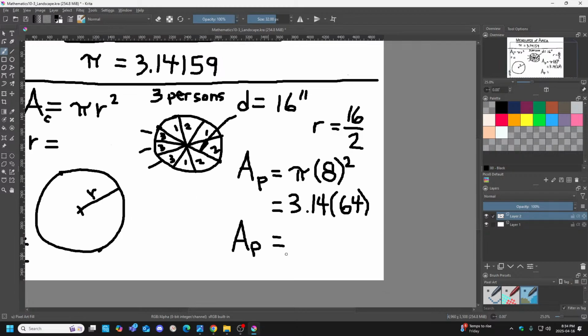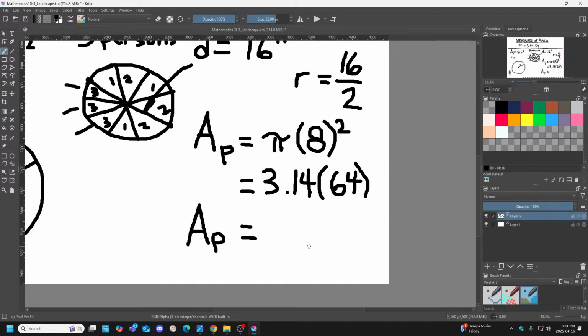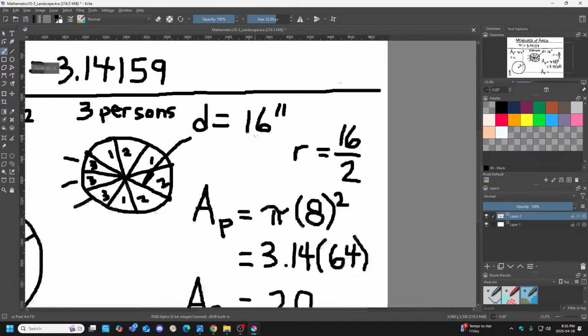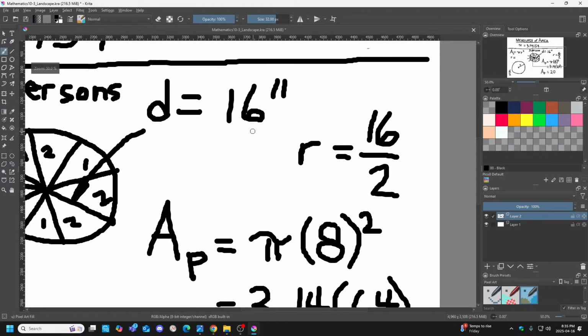Okay, let's continue. So we are at 64. I'm going to go 64 on my calculator, hit the times sign, second function, pi, and equals. And I get 201. What's our accuracy? To me, our accuracy is the ones place.